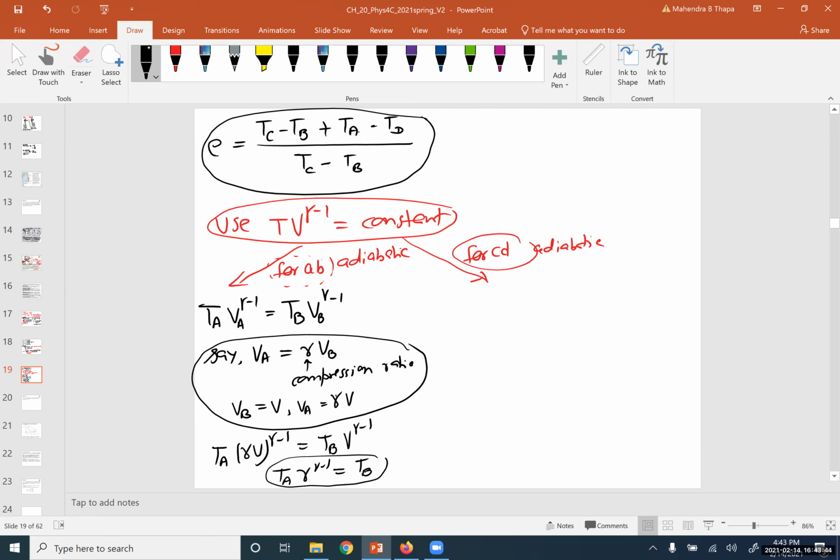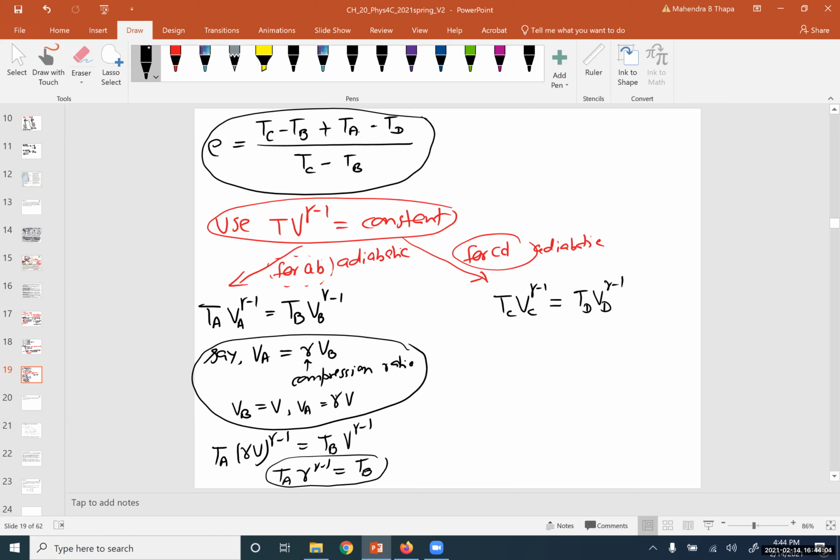Similarly, I can do the same thing for the part CD. So it will be TC VC to the gamma minus 1 must equal TD VD to the gamma minus 1.